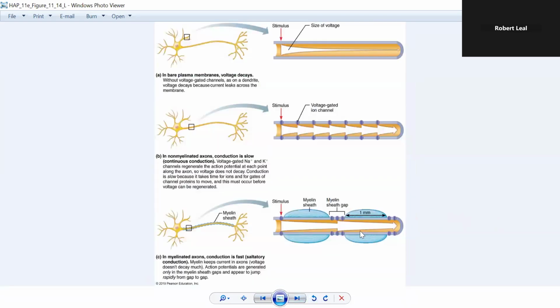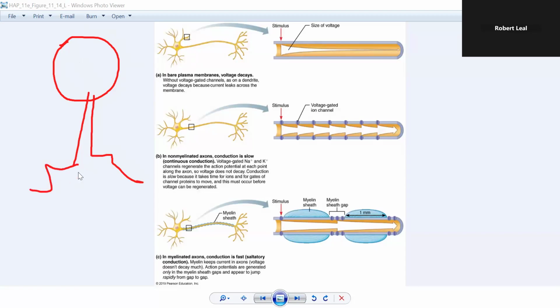All right, this picture is showing us the difference between chemical gated channels and voltage gated channels for sodium. Let's say when you release neurotransmitters onto a target, the first type of channels that open are called chemically gated channels.